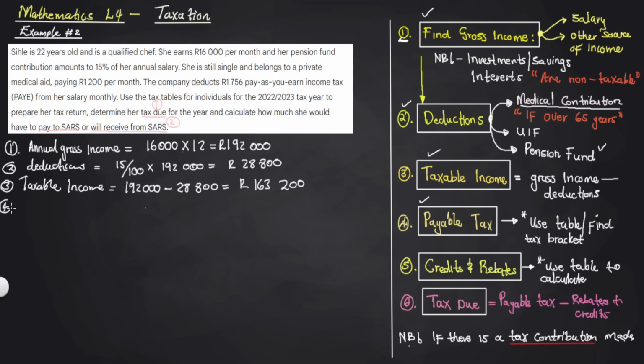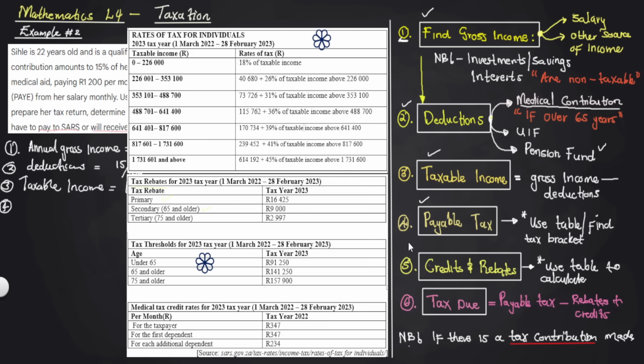Let's calculate the payable tax again. So number 4, payable tax. The tax threshold is telling us that this individual is going to be subjected to tax, because she's under 65 and earning over 91,250.